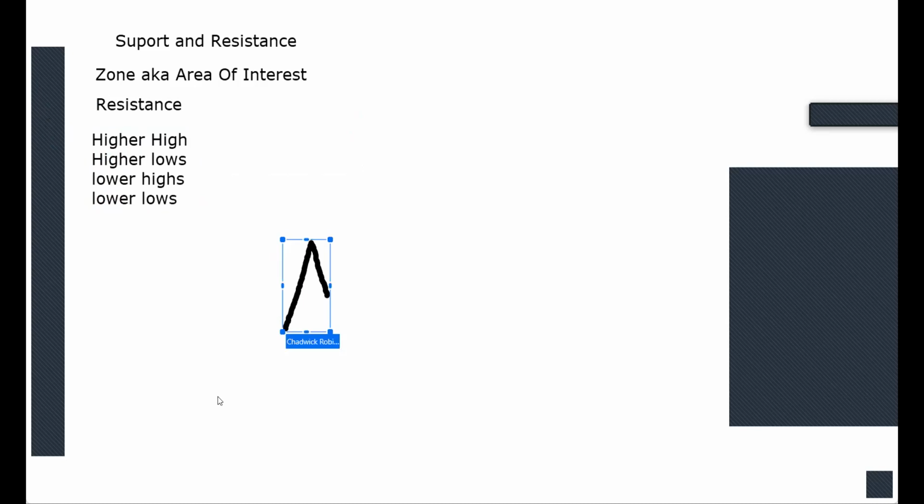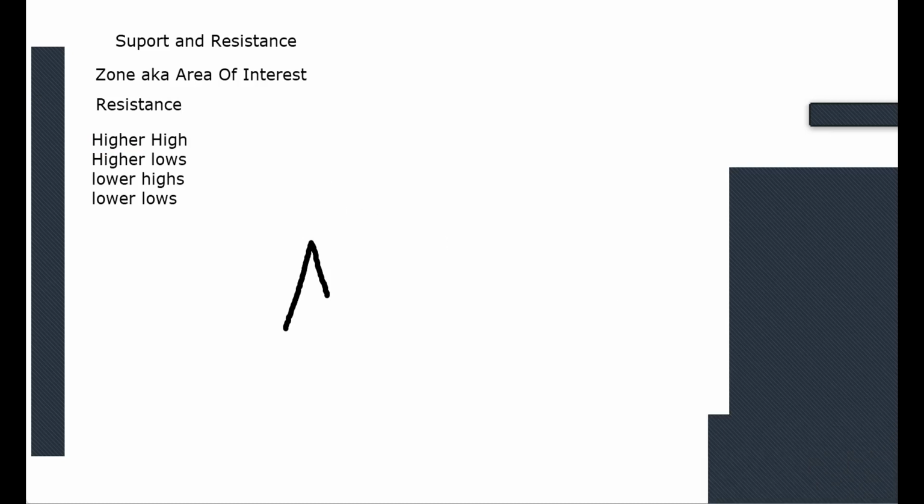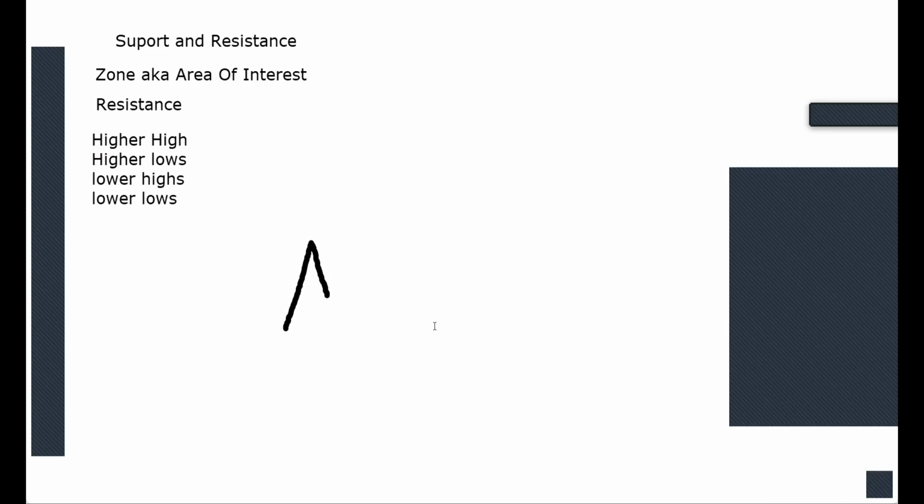Right? So let's say the market was down here. It went up here, meaning when it got to this area, it formed a higher high, because at one point it was down here, which was a high, but it went up and formed a new higher high. I need y'all to pay attention to this because this is very important. A higher high.